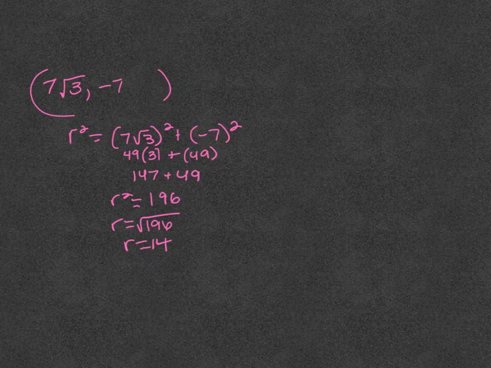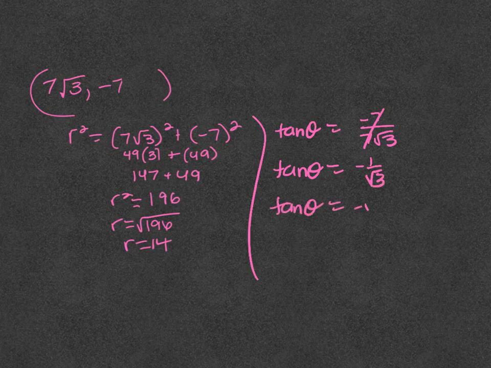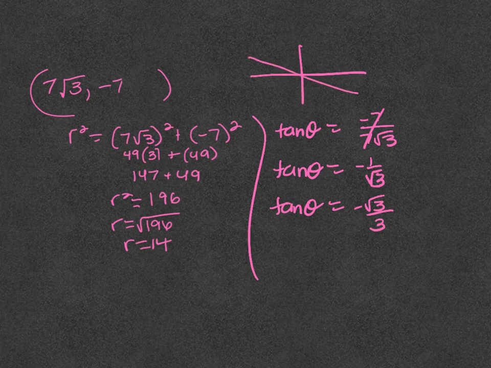And then to find theta, you have to do tangent of theta equals negative 7 over 7 root 3. The 7's cancel, and I get negative 1 over root 3, which gets rationalized to negative root 3 over 3. So there are two angles with tangent negative root 3 over 3: the over 6's in the second quadrant and the over 6's in the fourth quadrant.